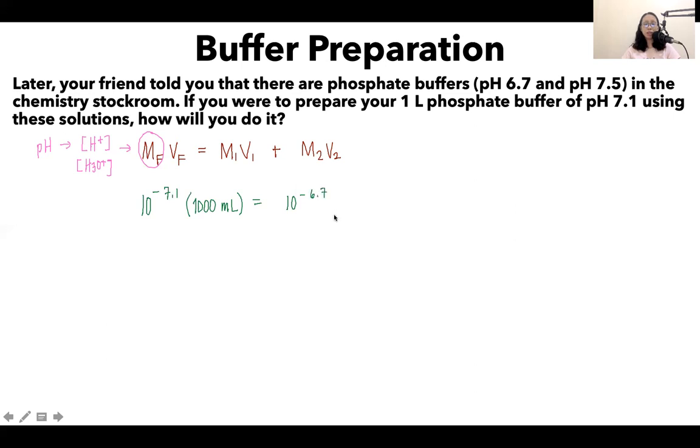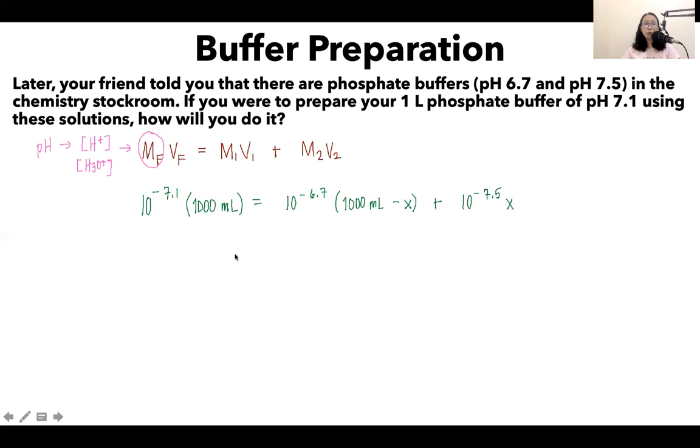Then we represent the volume for this buffer solution with 1000 ml minus X, plus the concentration of hydrogen ions in the second buffer solution, which is 10 raised to negative 7.5, and we represent the volume of the second buffer as X. We have 1000 minus X because we know that the total volume of our final buffer is 1000 ml or 1 liter.